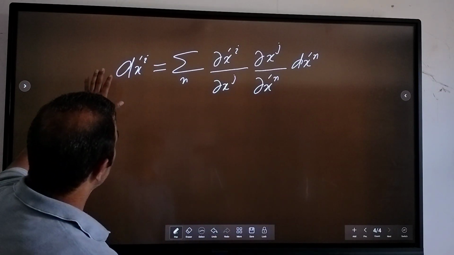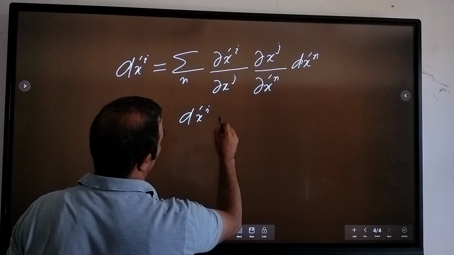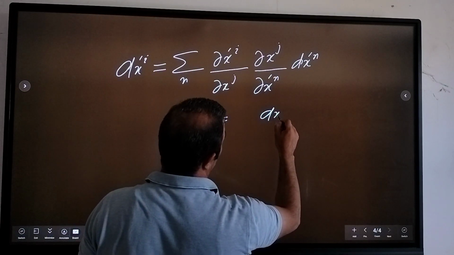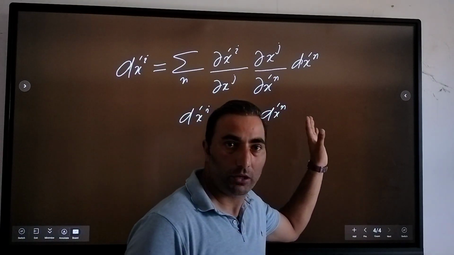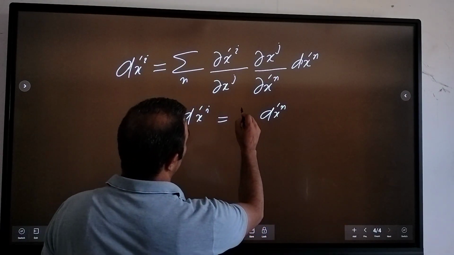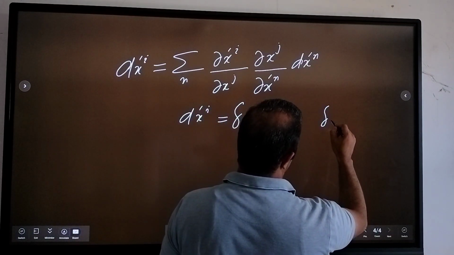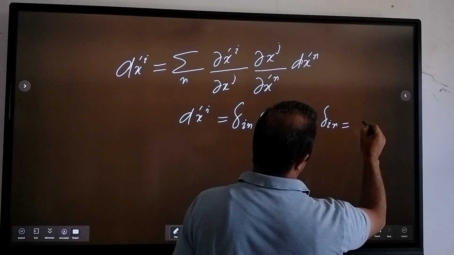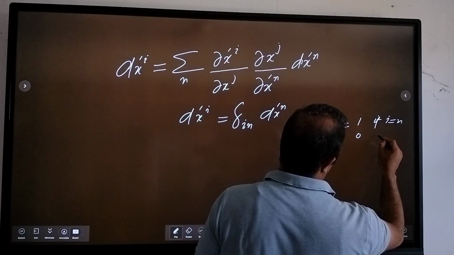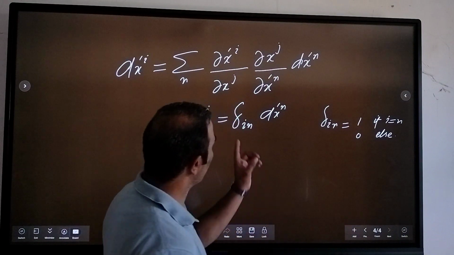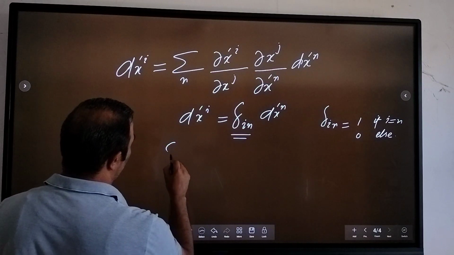Okay, so that means dx prime i will be equal to dx prime n, right? So if I use here delta_in, that is the Kronecker delta, it will be equal to 1 if i equals n. So this is dx prime i, and that means this is equal to delta_in.